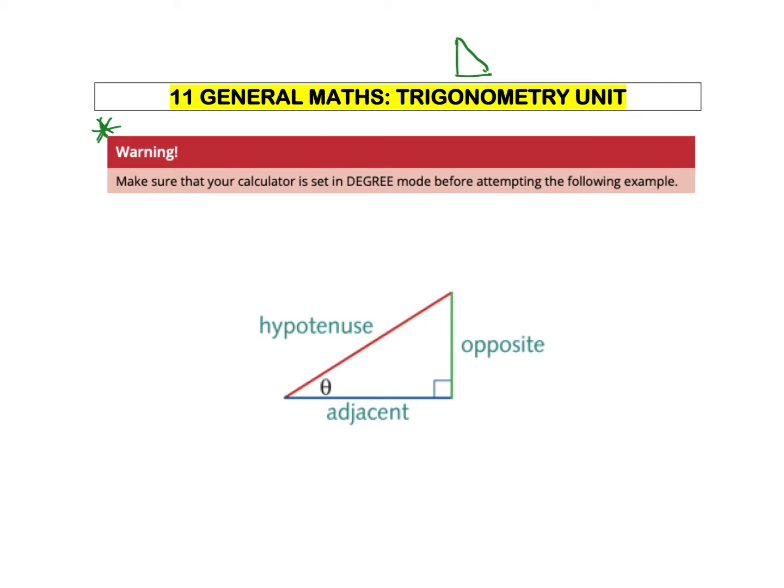If it's not in degree mode, it will cause different answers, because when you put it in radians, it's changing the concept of it, or the actual sizing. So we'll need to make sure of that, and we'll look at it in a little bit.